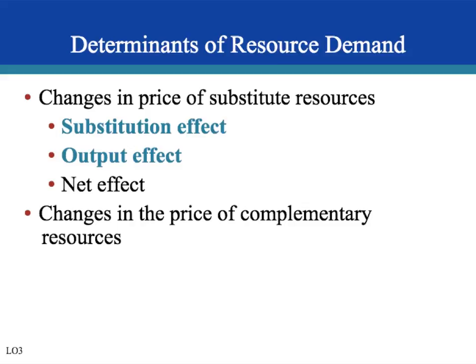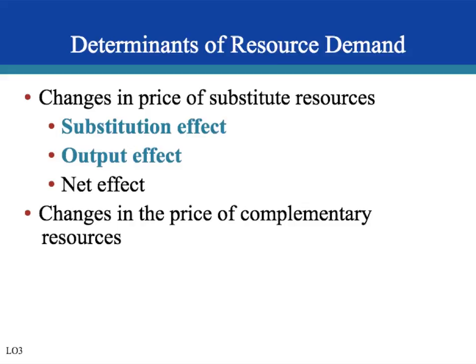So for example, let's say there's new technology that comes along that replaces what human labor does. If that technology drops low enough in price, then the resource demand for that technology shifts to the right, and labor demand shifts to the left, because firms are now using machines in place of human labor.